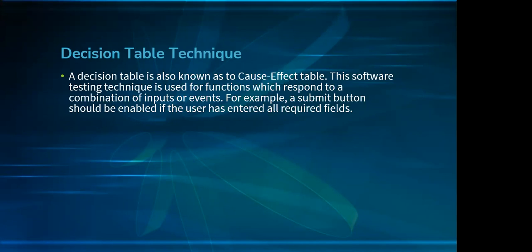So let's take an example. You go on an application. You want to fill a form. You've seen the submit button, but it's grayed out. The reason why it's grayed out is because you are just filling the form for the first time or even at any time.